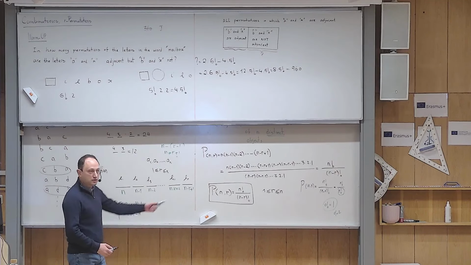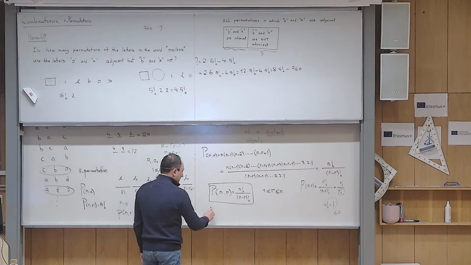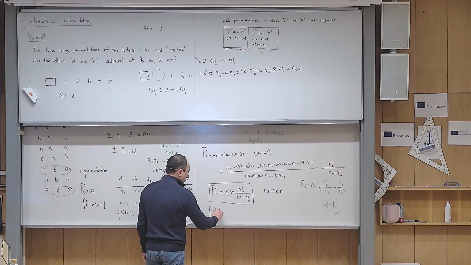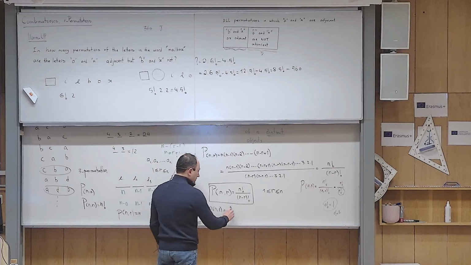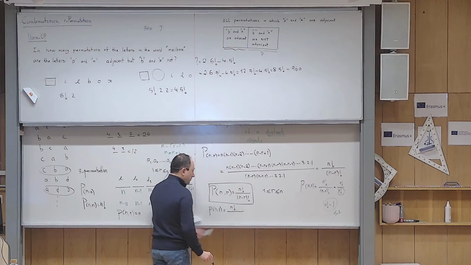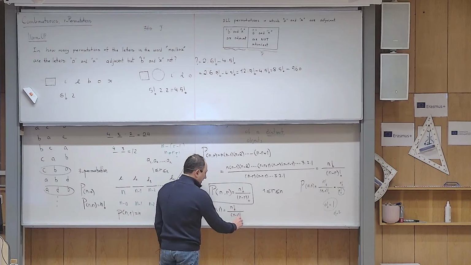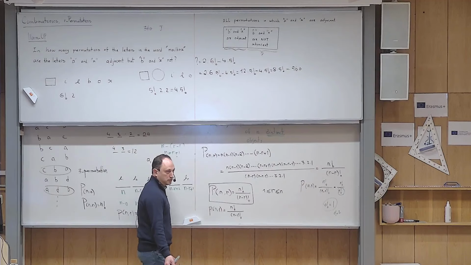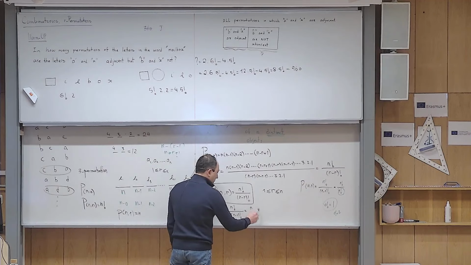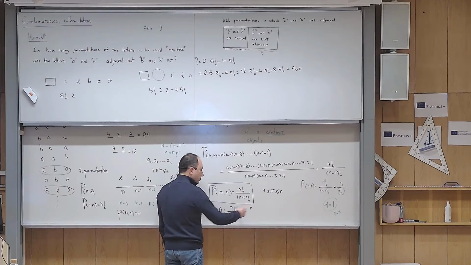But let us double check it using this formula. So let us calculate P(n,1). Instead of n, I still put n, but instead of r, I put 1. So it becomes n factorial over (n minus 1) factorial. Can you simplify this? Yes, n factorial means multiplication from 1 up to n.